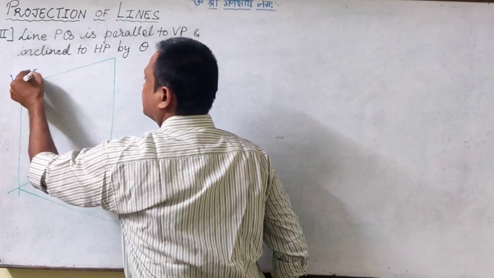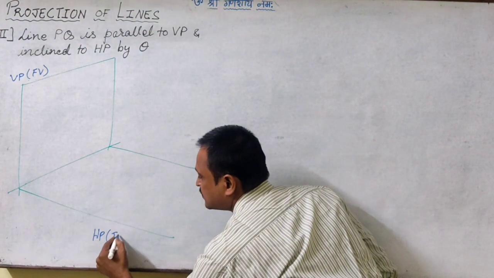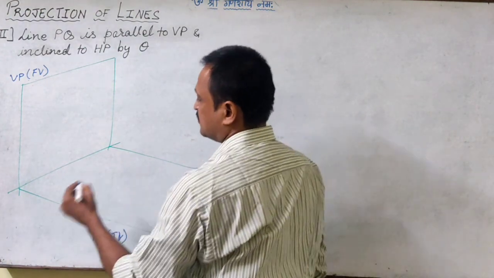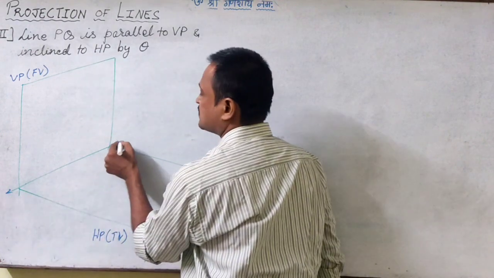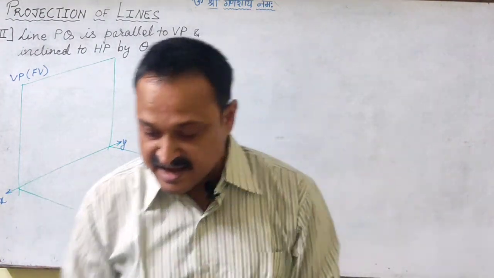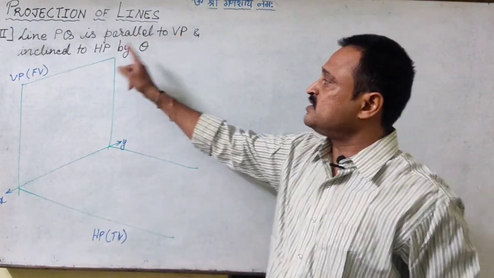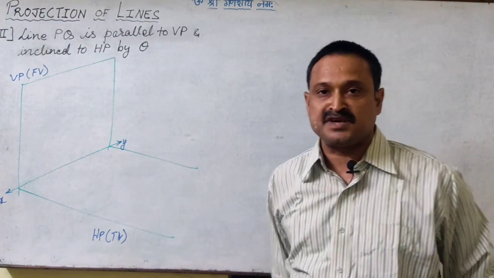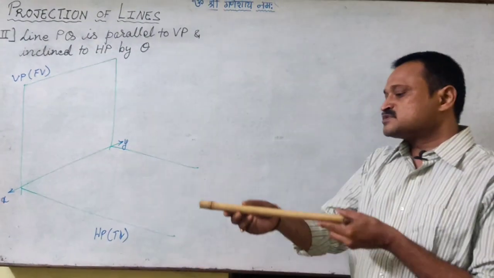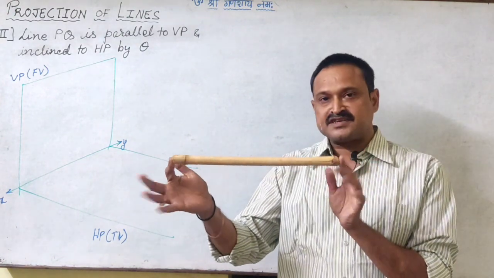We will get the front view on this plane. This is the horizontal plane. We will get the top view on the horizontal plane, and this is the reference line XY. And let us say there is a line which is parallel to VP and inclined to HP by angle theta.